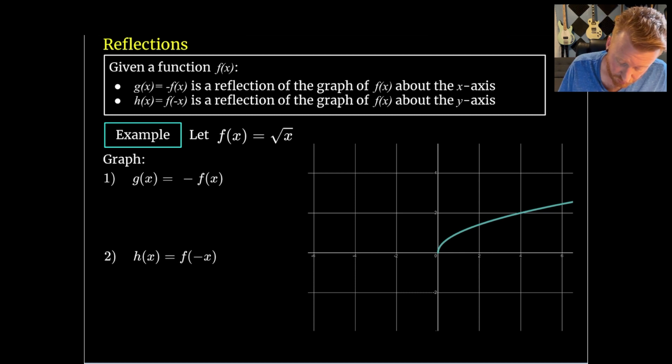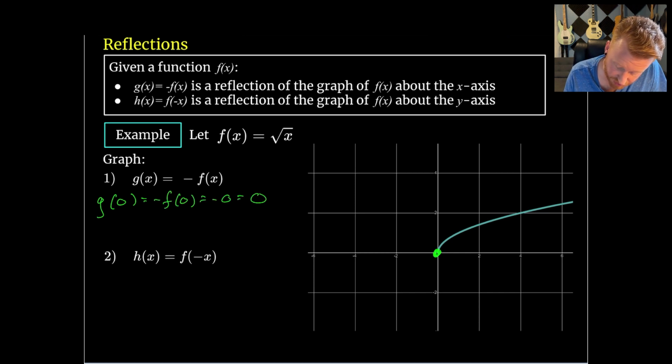So here we're saying we'll build a new function by just looking at the opposite of our original function, the opposite output values. So if I want to look at g of 0, I think that we'll find nothing too interesting going on here. g of 0 is going to be negative f of 0, which is -0, which is still just 0, so we still just get this point at 0, 0.